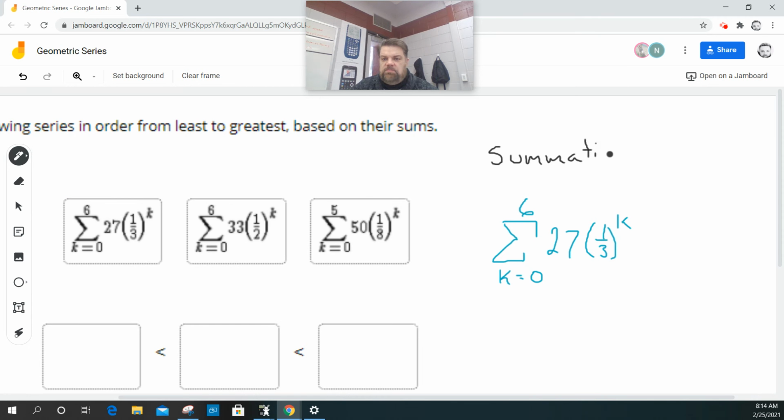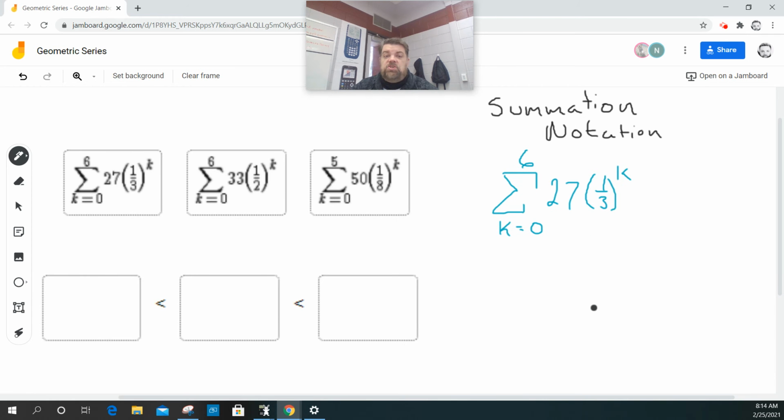The way summation notation works is you have a geometric sequence. Of course, this will work with an arithmetic sequence too, but you're going to have a sequence that's generated by taking one number and multiplying it by a common ratio several times. And then from there, you add them all up.